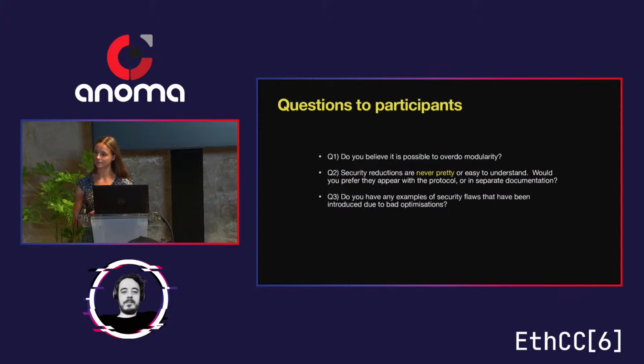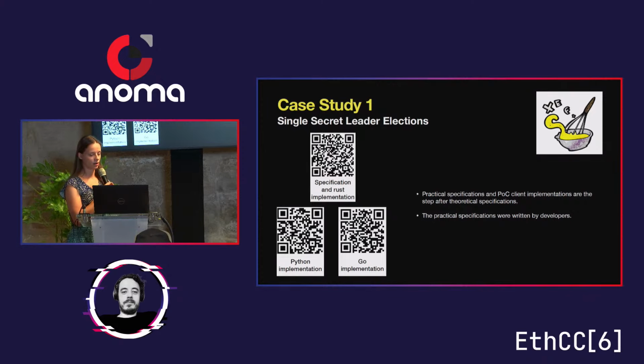In the particular case of the single secret leader election with Whisk, we have 3 implementations at the moment, one in Rust, one in Python, and one in Go. I've got the links in the QR codes to those there, and some very good work went into all 3 of these. I don't know if anyone responsible for writing these is in the room. If so, maybe make yourself known to me.